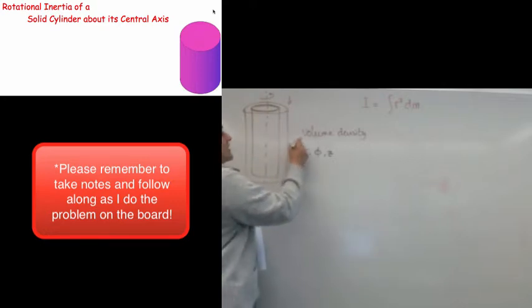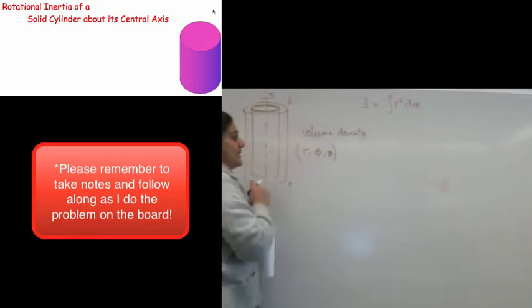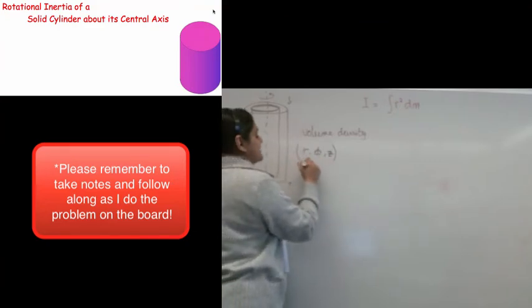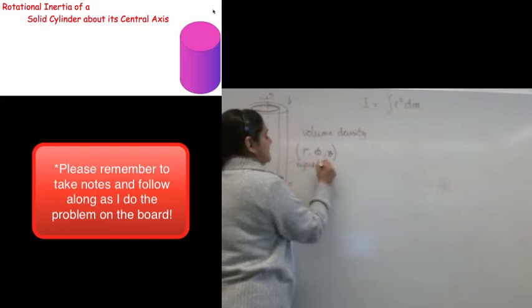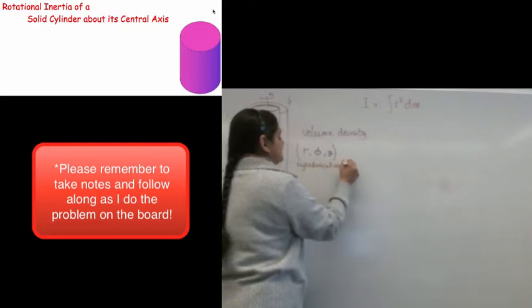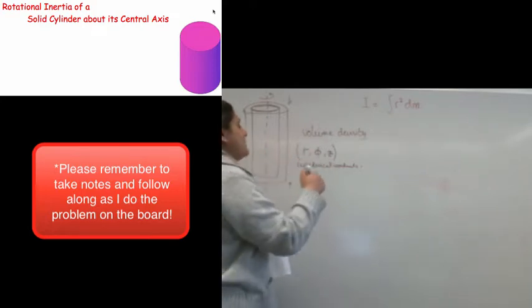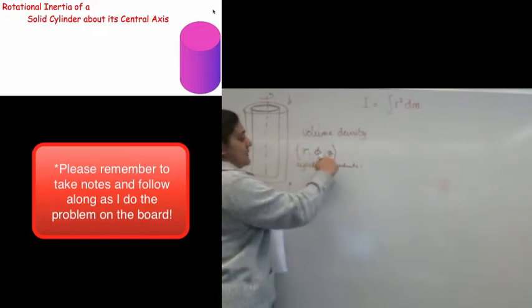These are called cylindrical coordinates. And that should give you an idea. So this will be a triple integration problem: over r, over phi, over z.